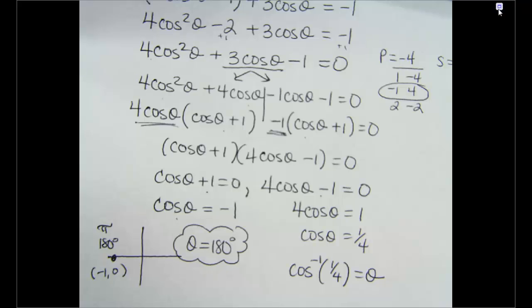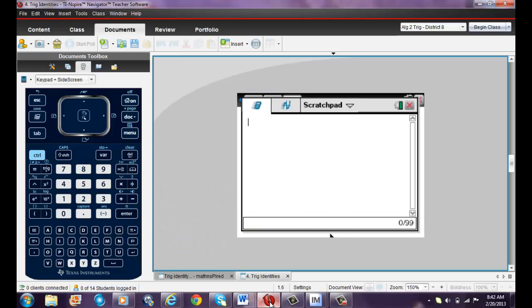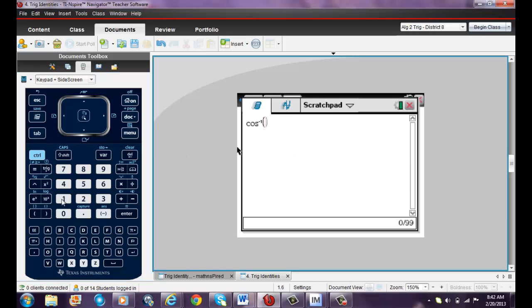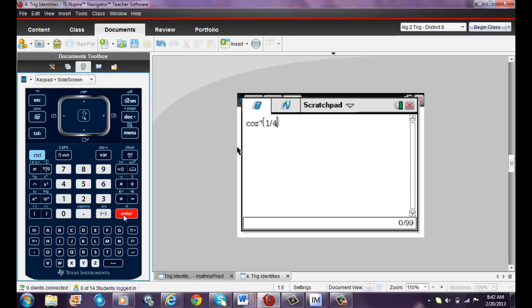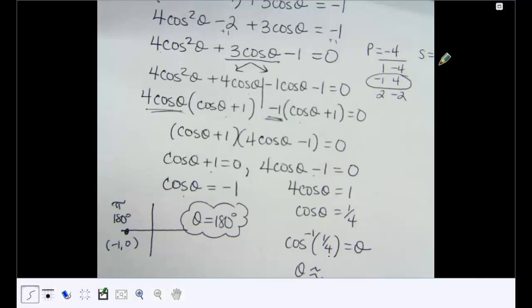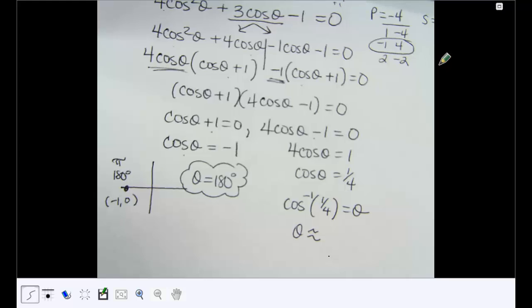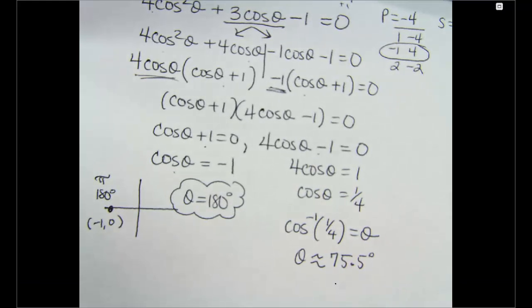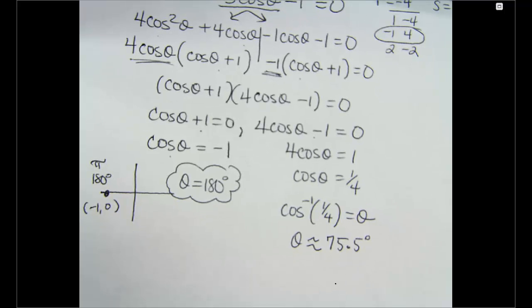So back on my Inspire scratch pad, I push trig, inverse cosine of 1/4. And I get theta is approximately, it's not exact, so use your approximately symbol, 75.5, let's say. So theta is approximately 75.5 degrees. Now, that's one possible answer, and your calculator only gives you one.